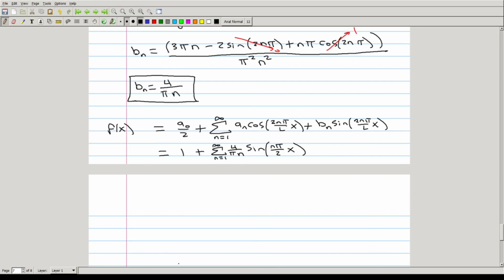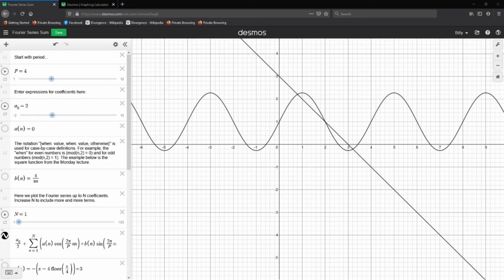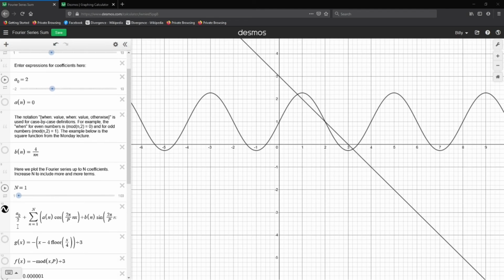And we can open up our Desmos window to take a look at this. So the period is 4, our a naught value that we calculated is 2, an is 0, bn is 4 over pi n, and the Fourier series is this summation right here.